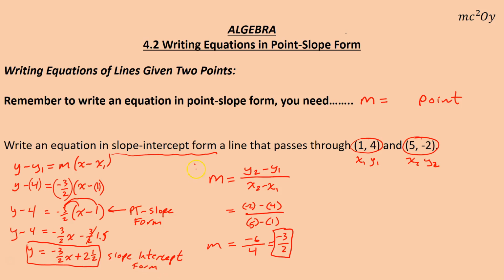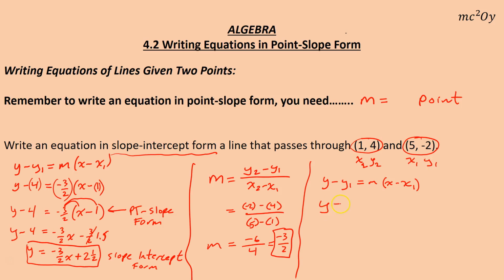All right. Now, just to show you can do it the other way, if you were to take y minus y1 equals m times x minus x1, and you were to switch these around, we're going to call this one 2, and this one 1.